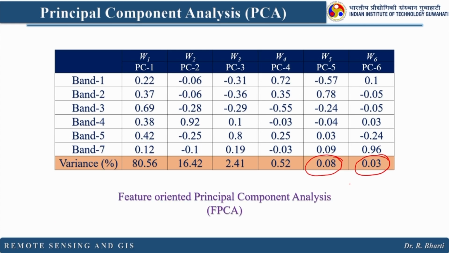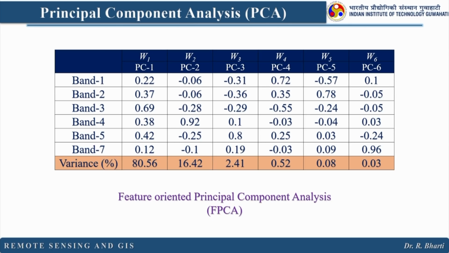Now there is a concept called feature oriented principal component analysis. Let us assume that you have a 7 band input, and that my target has a very good absorption feature in band 7.